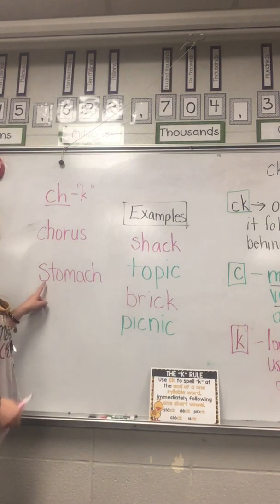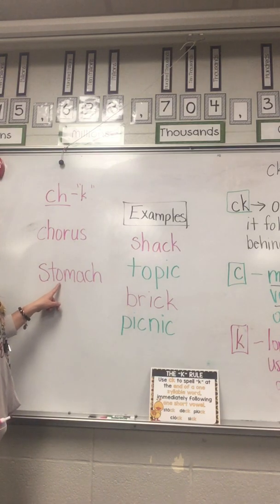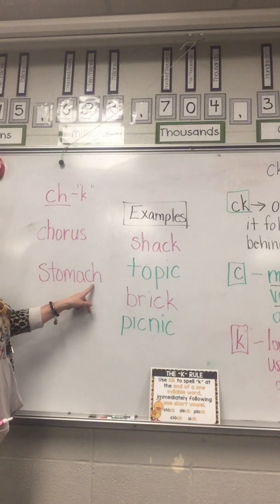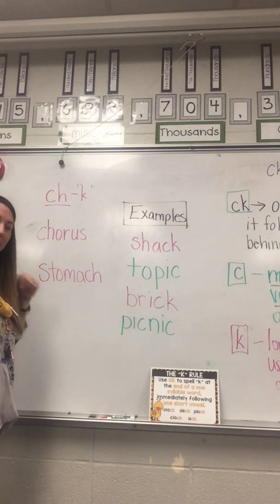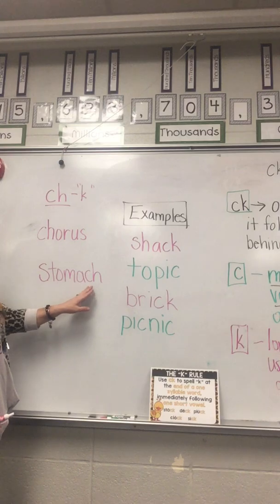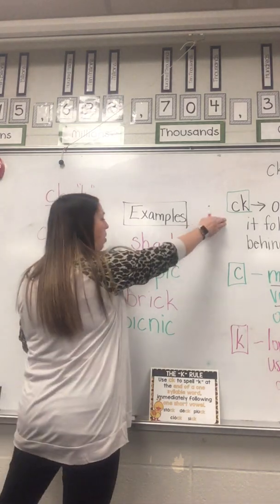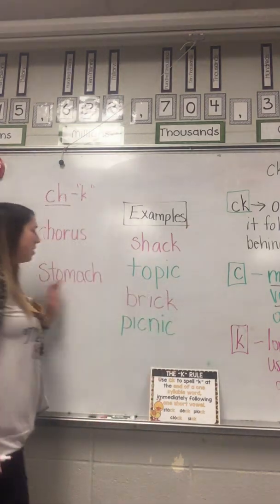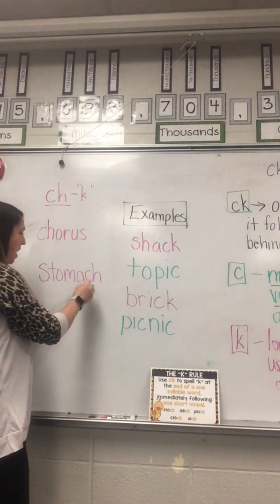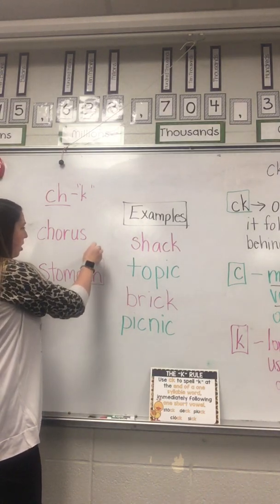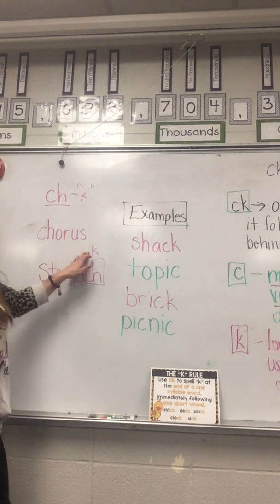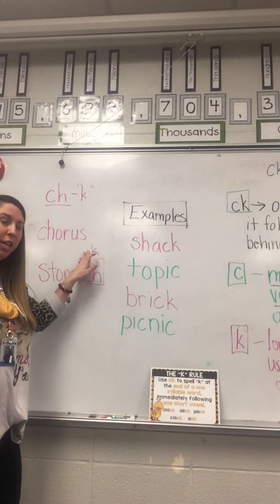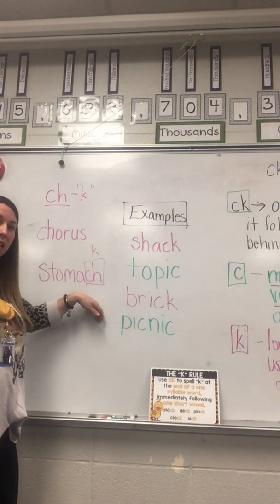Okay, let's sound it out. Ready? K. Stomach. So our one word that doesn't follow the CK or the C rule is stomach. And it has a CH that says K, okay? Because it comes from that Greek language that was implemented into the English language.